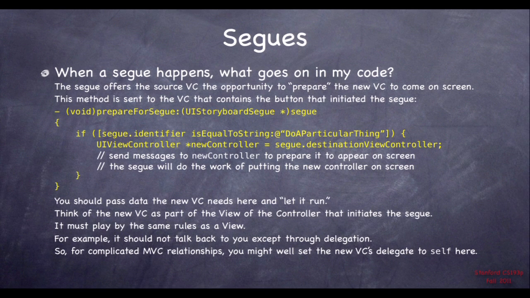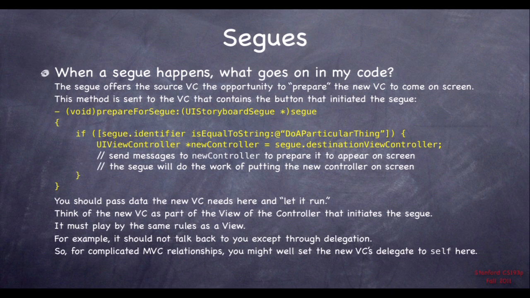So again, let's think of the calculator example. When you hit the graph button and you have a segue to a graph view controller MVC, it can't just throw that thing on screen. That graph controller needs to know what to graph. You have to prepare it by telling it, here's the program I want you to graph.